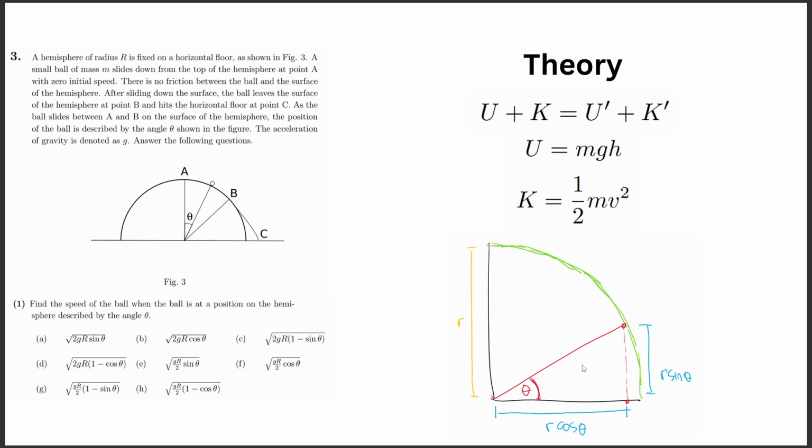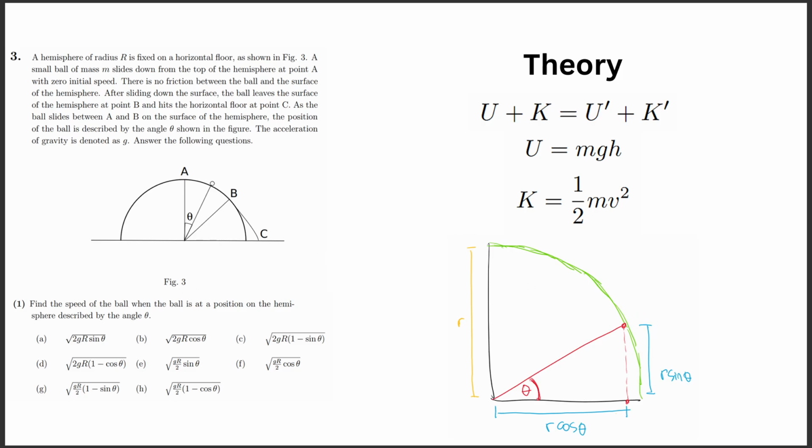At the angle theta, we can describe the length of the tip and the vertical line of the tip. The adjacent line is the length of this line, that is r, times cosine theta, and the opposite of the angle theta is the radius of the circle times sine theta.